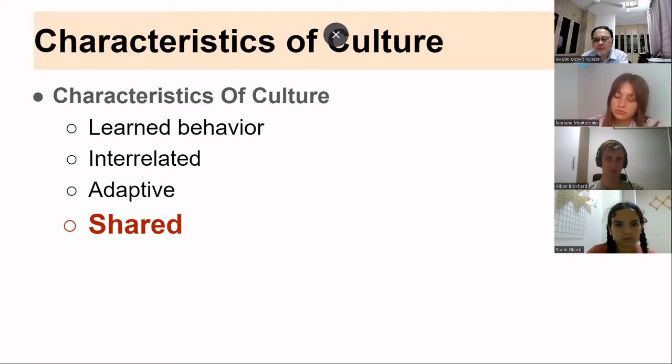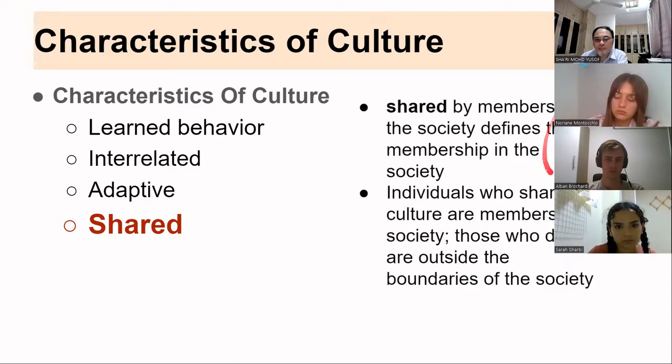Culture is shared by members of the society, and it defines the measure in society. The members of the society will share the same values. For example, drinking alcohol among Muslims: we don't drink.